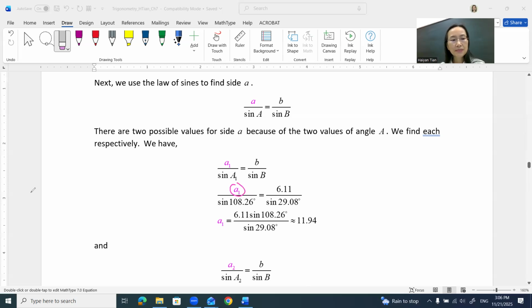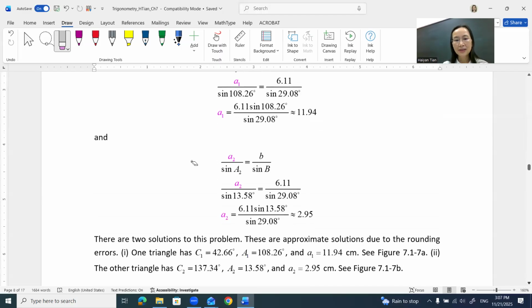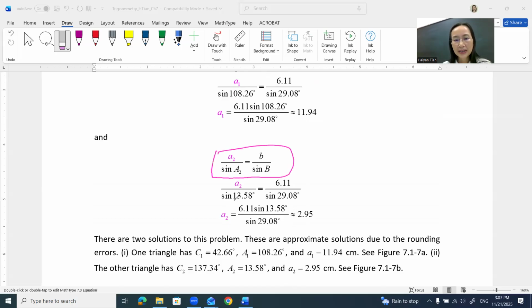So the A1, when the angle A is obtuse, then we will find a length. We solve this equation, find a length, which is 11.94. And next, we have to solve the same equation when the corresponding angle A is an acute angle. Then we can find a length, A2, which is a shorter A. So 2.95. So after we have solved, we can see we have found two solutions.